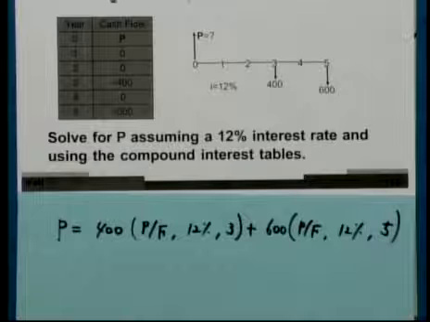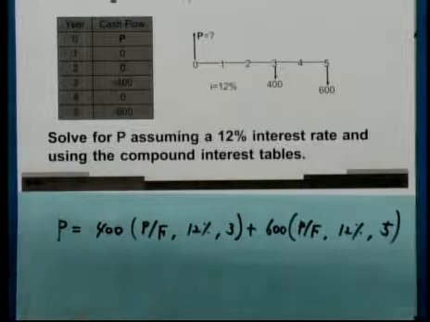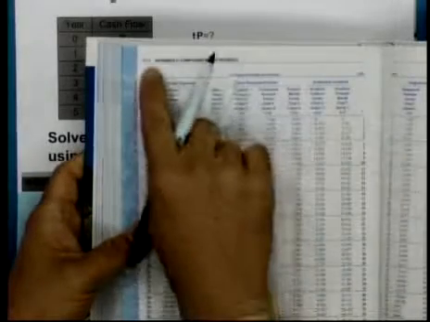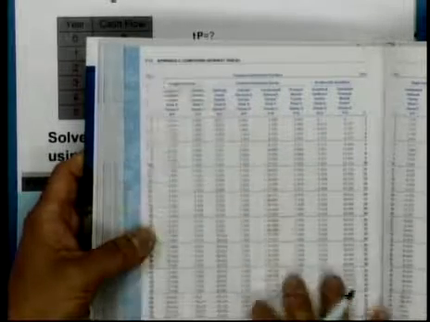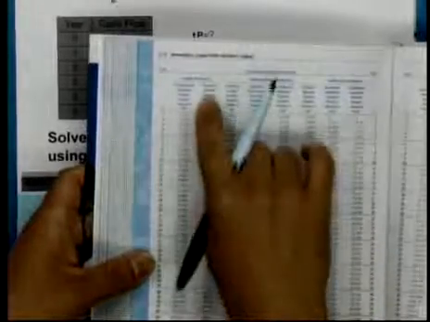So we are looking for 12%. So here's 12%. The page number 614 provides the compound interest factors for 12%. And we are looking for P given F. So there is a second column.